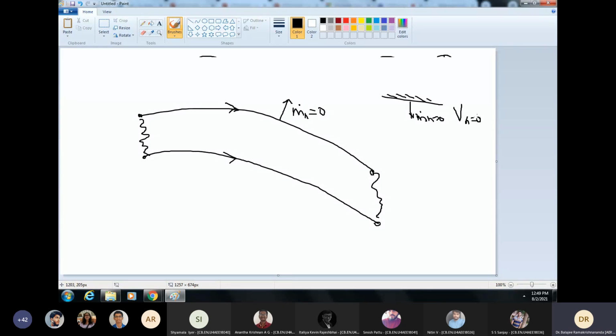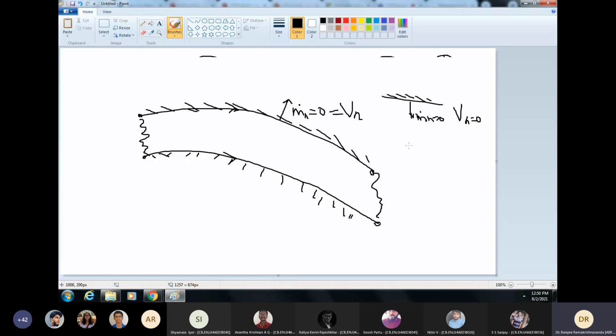We can use the same here also for a streamline. So for practical purposes, you can replace the streamlines by solid walls. And all the fluid inside the streamline will not know anything about it.